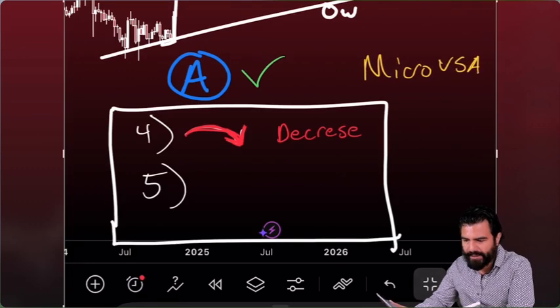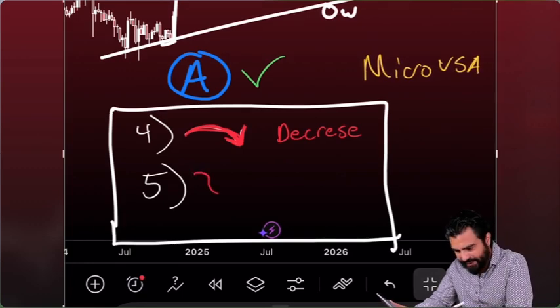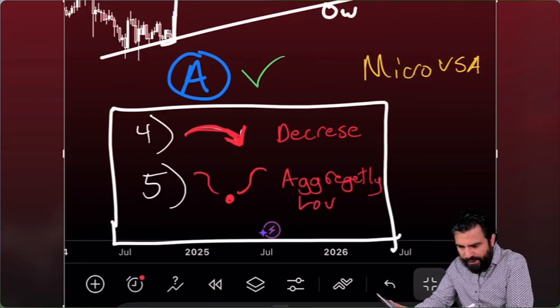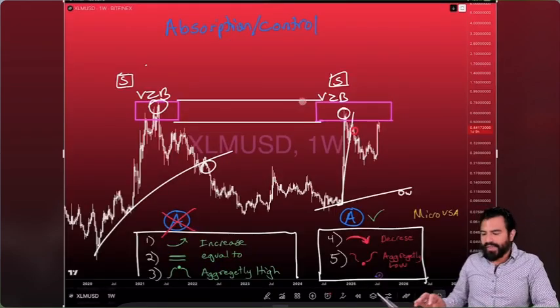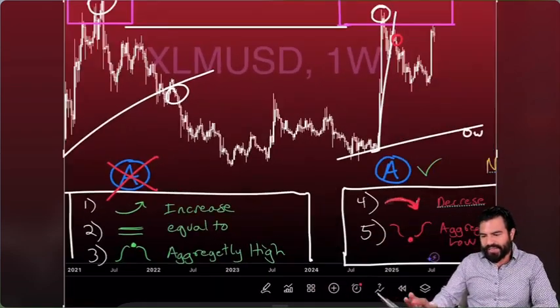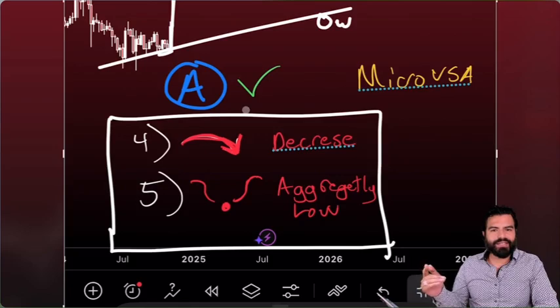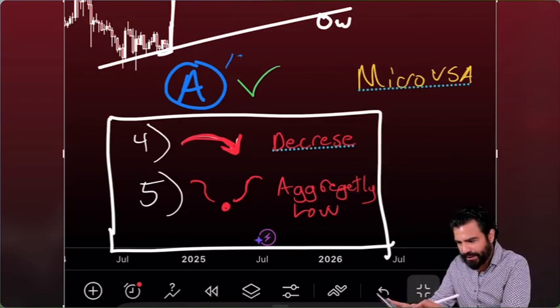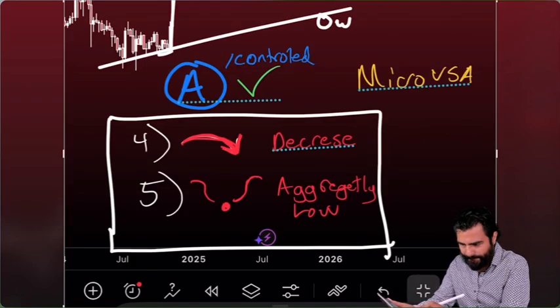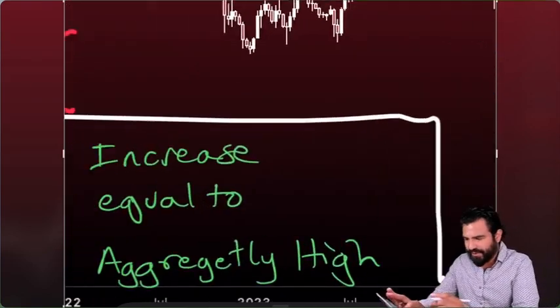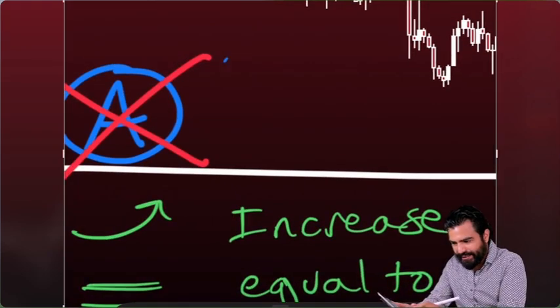Aggregately low. Aggregately low, that's right. So we're going to be looking for something like that, maybe. Or overall, still low. Okay? So these two start indicating that the supply is being absorbed/controlled correctly. This one indicates they're losing. The supply is not being absorbed/controlled.